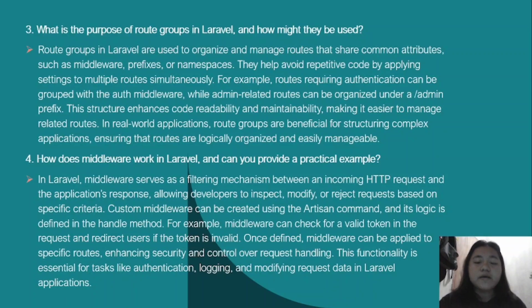For example, middleware can check for a valid token in the request and redirect users if the token is invalid. Once defined, middleware can be applied to specific routes, enhancing security and control over request handling. This functionality is essential for tasks like authentication, logging, and modifying request data in Laravel applications.